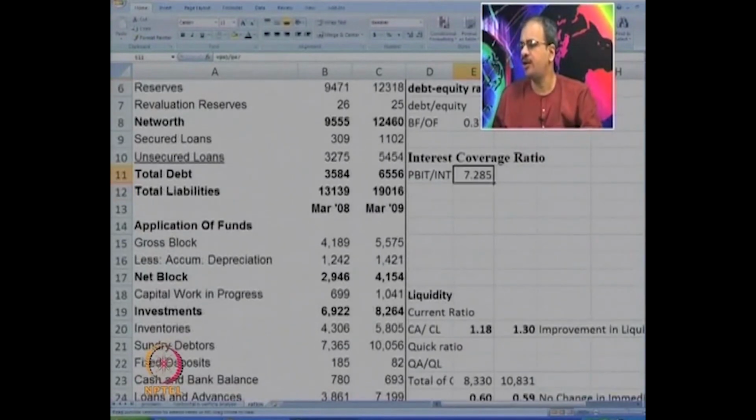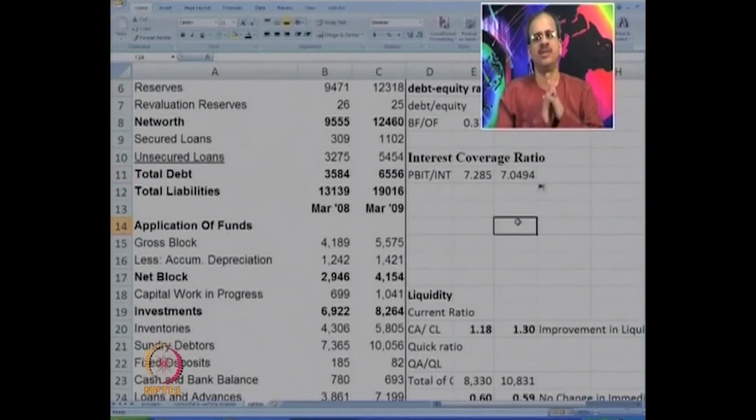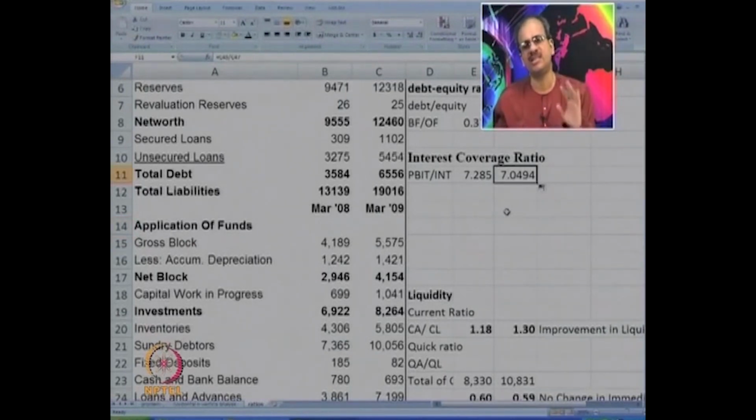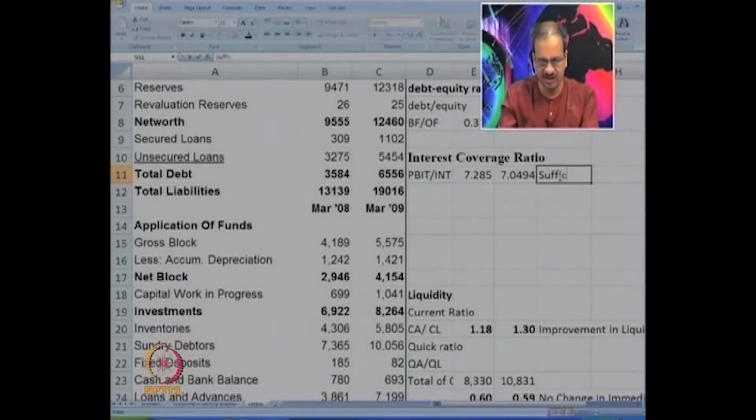So, 7.28, which is a very healthy figure. That means the company has 7 times more earnings in terms of PBIT, which can be used to pay the interest. In the current year, it has slightly gone down, but still it is a very healthy sign. So, I can say there is sufficient coverage.